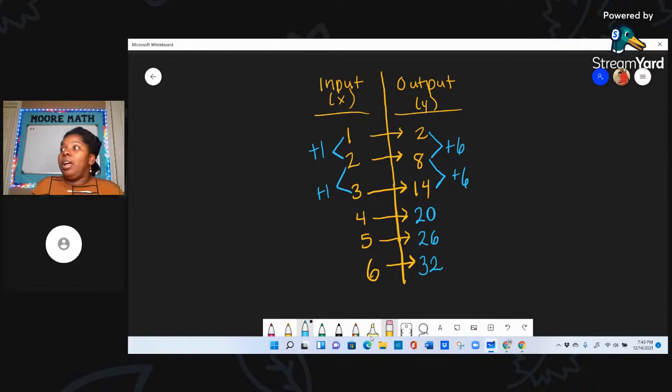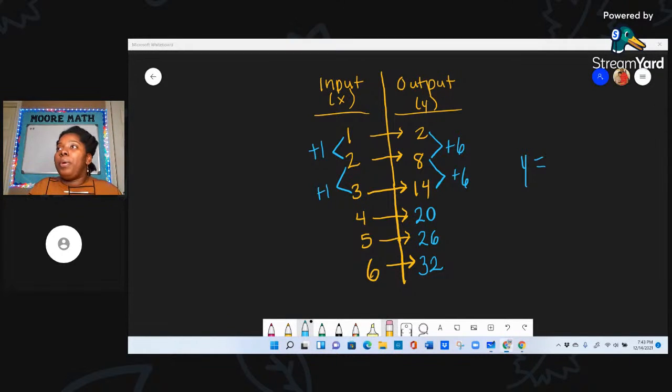Now, tell me what the pattern is. If we had to create an equation off of this, what would the pattern be? That's the part I need help on. Okay, gotcha. So this is similar to slope.